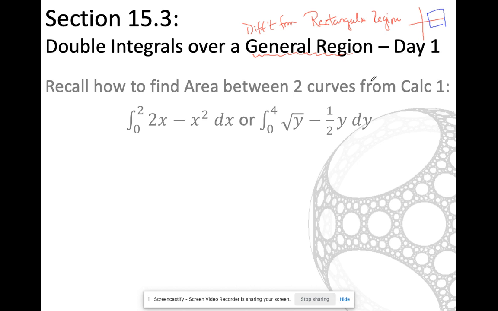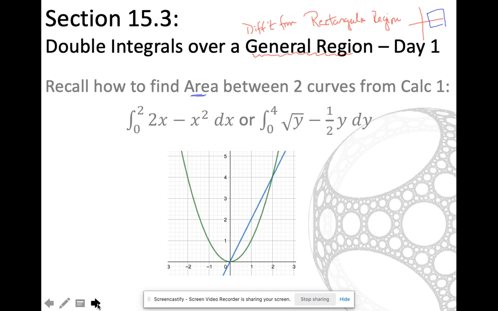So I want to recall back, of course, to Calc 1, Calc BC, when I asked you to find the area between two curves, right? So if I gave you the curves 2x and x squared and asked you to find the area between, you were expected to draw it, and then you were expected to identify the points of intersection, right?